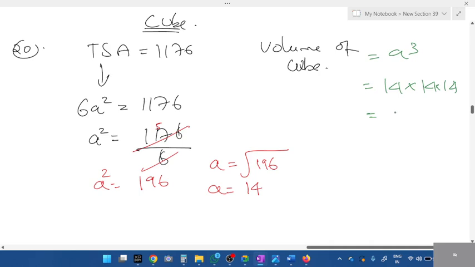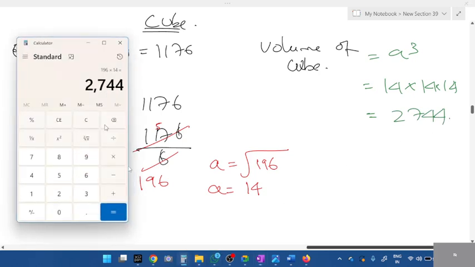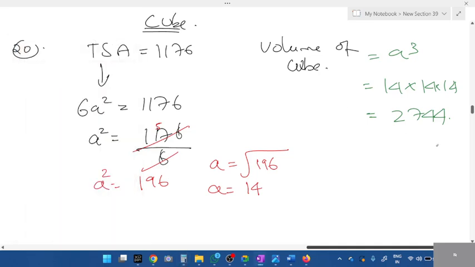What did you all get? It's not 8, 7, 4, 4. 14 into 14 into 14 is 2, 7, 4, 4. The answer is 2, 7, 4, 4, students.